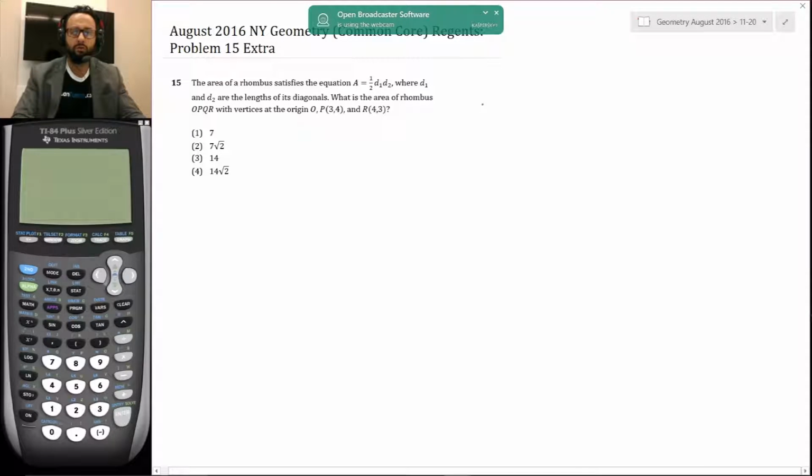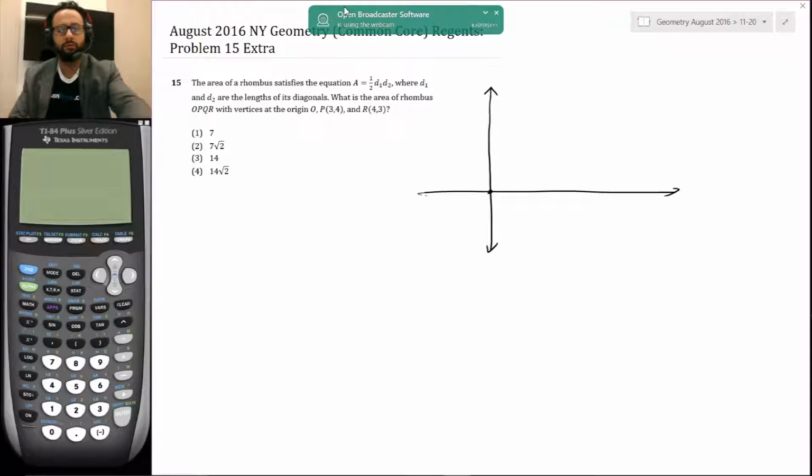Okay, so I draw my x and y axes, and I know that the origin is one of the points. Let's get some red here. The origin is one of the points, so this is O. Point P is (3, 4): 3, 1, 2, 3, 4.